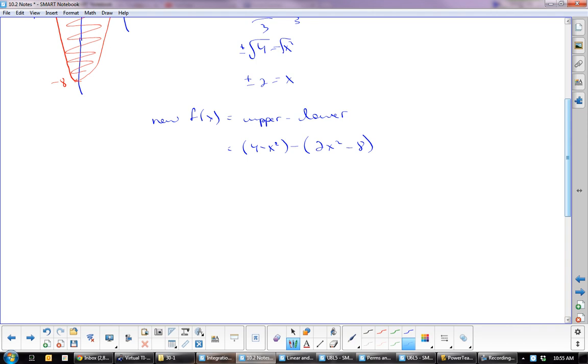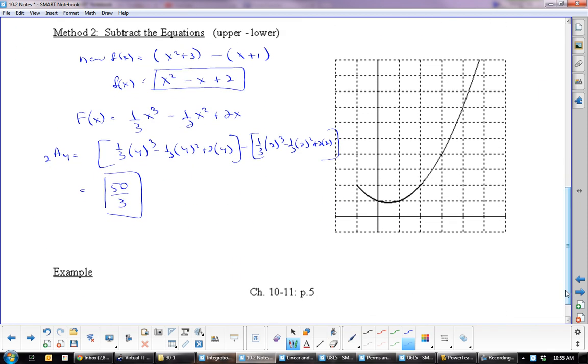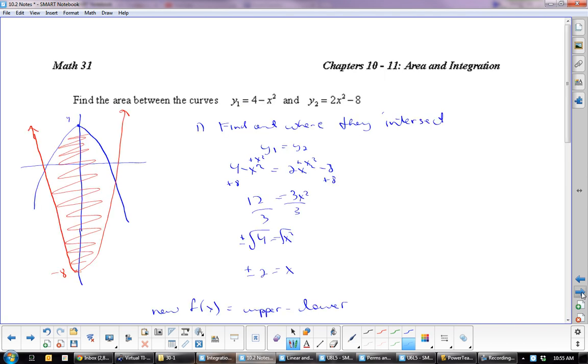Oh, when they're on top of each other, you can. If it was like this, that's a good question, right? If it was like this, and you did upper minus lower, then it's not going to work out. Because those two don't even intersect. Okay? Now that's a really good question. I'll talk about that a bit later.